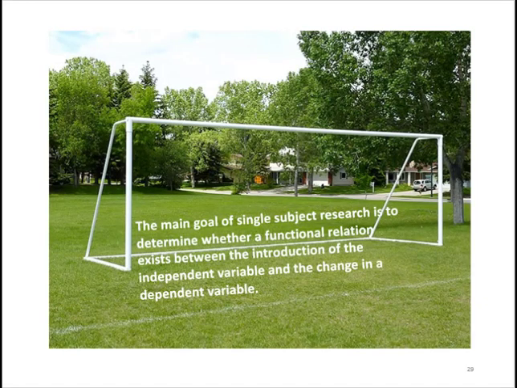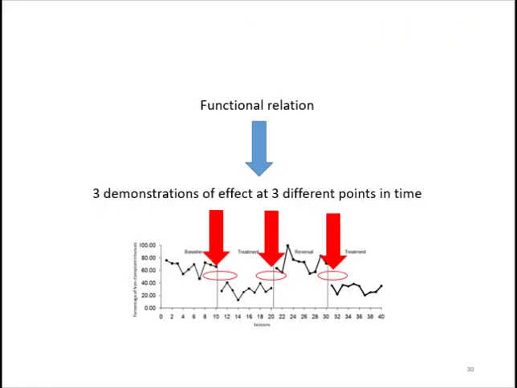The main goal of single-subject experimental research is to determine whether a functional relation exists between the introduction of the independent variable and the change in the dependent variable. A functional relation requires 3 demonstrations of effect at 3 different points in time.